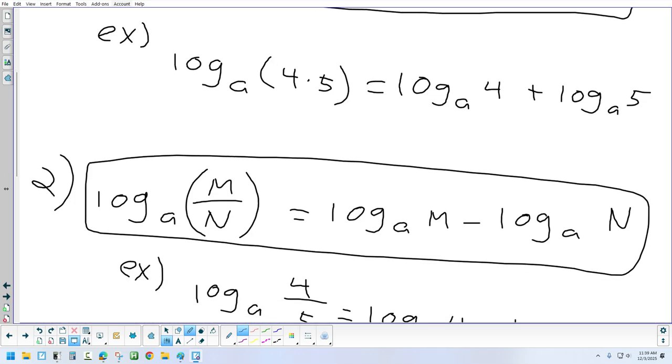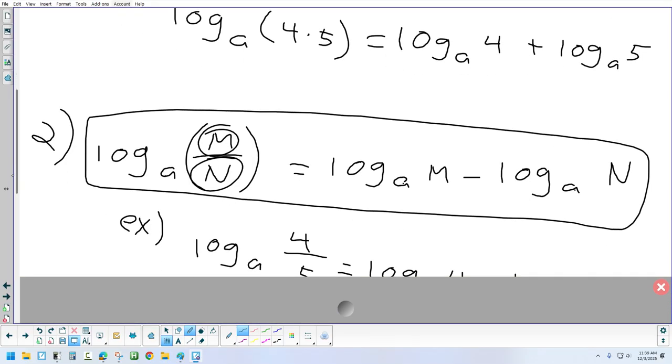It has to be the log of what was on top minus the log of what was on the bottom. It has to be in that order. Top comes first, bottom comes second. Base stays exactly the same as what it was originally.